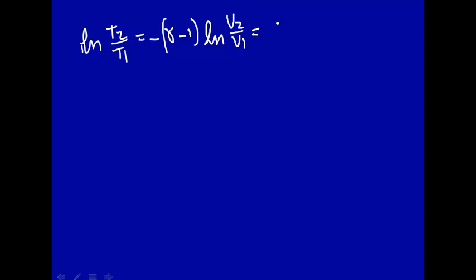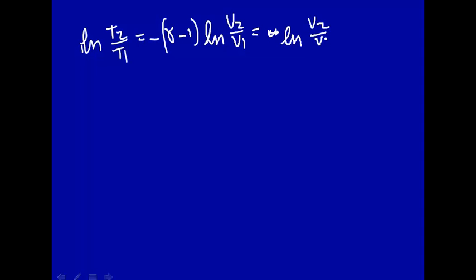And remember, a times the natural log of x is equal to the natural log of x raised to the a power. Let's pull the minus in here, so this will be 1 minus gamma.